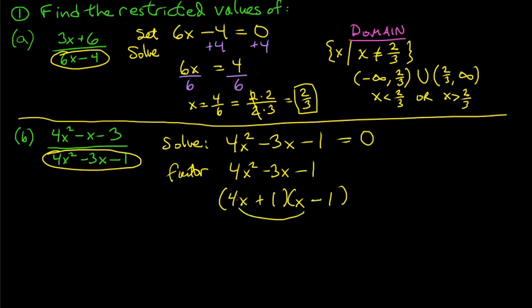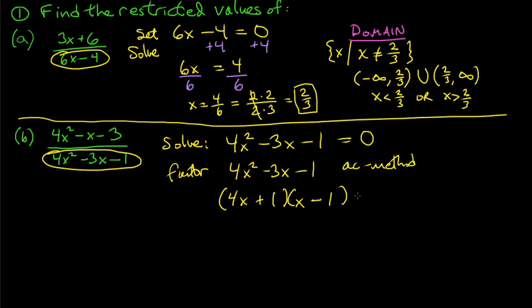We get 4x squared minus 4x plus x is negative 3x, and 1 times negative 1 is negative 1. Okay. So again, I did this using the shortcut. If you have to use the AC method, that's fine too. Takes a little longer, but you'll get there.